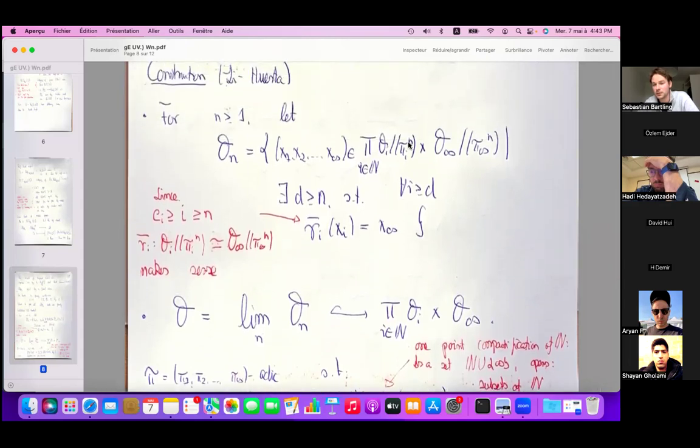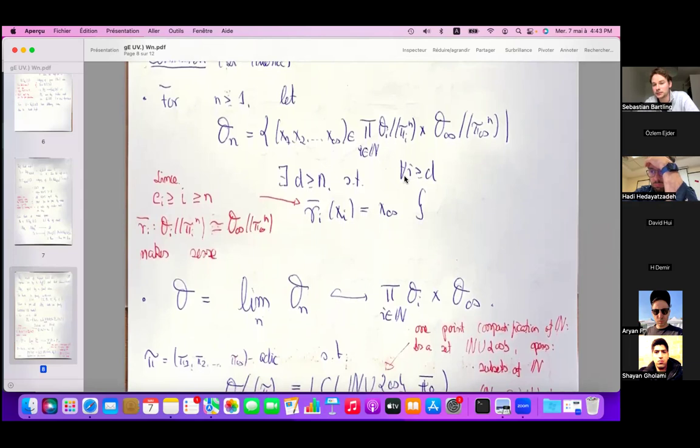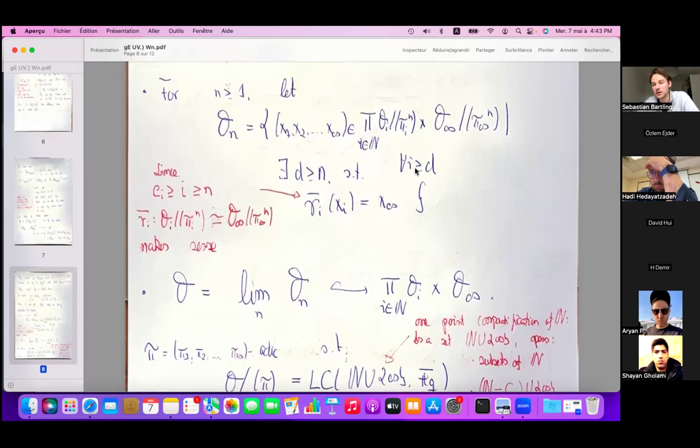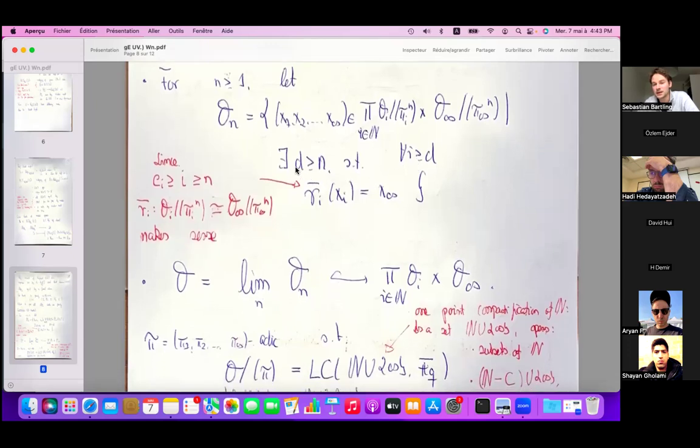If I put n equal to 1 here, all residue fields are identified anyway, and the gamma_i are the identity on F_q. So what I'm writing down is that there exists a d such that for all i greater than this, they all become the same.